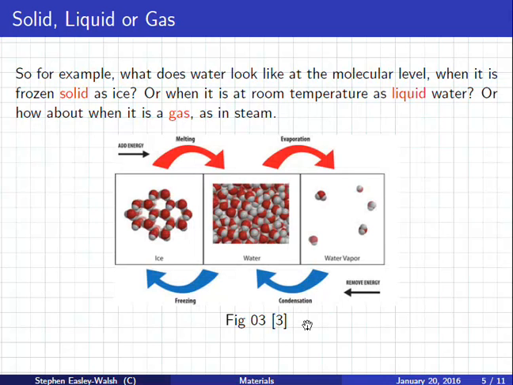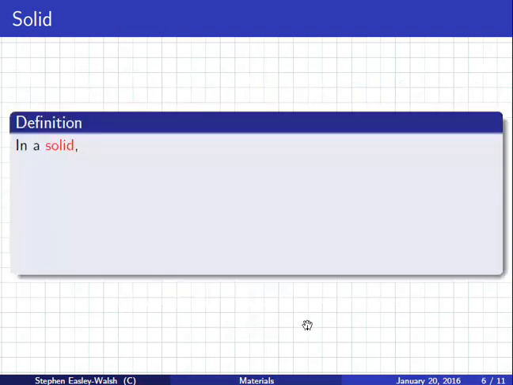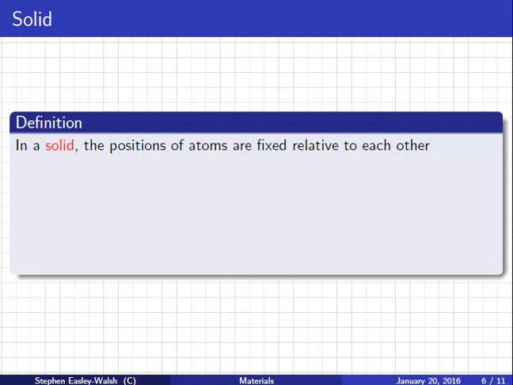As you know from English, when it goes from ice to water, we call that melting. When it goes from water to steam, that's called evaporation. When it goes from steam back to water, that's called condensation. And when it goes from liquid water to solid ice, that's called freezing. In fact, you can have situations where it goes from a solid, skips being a liquid and goes straight to a gas.